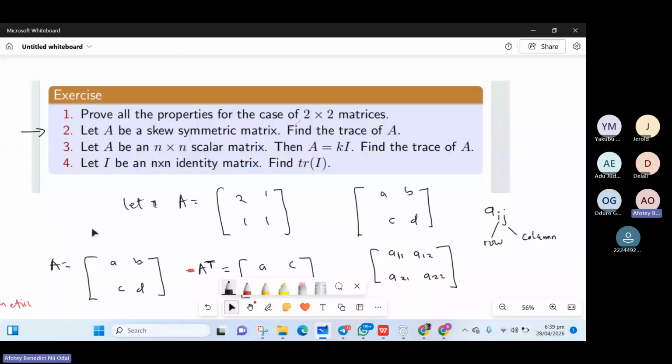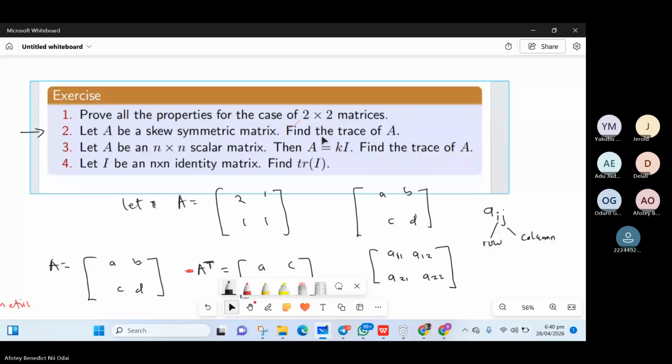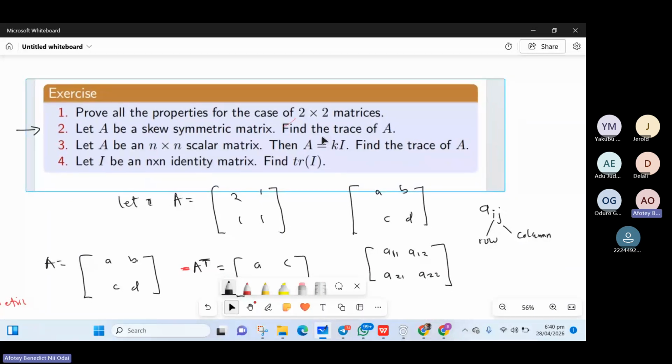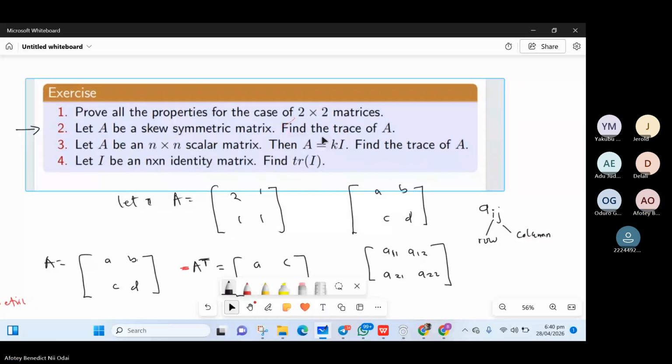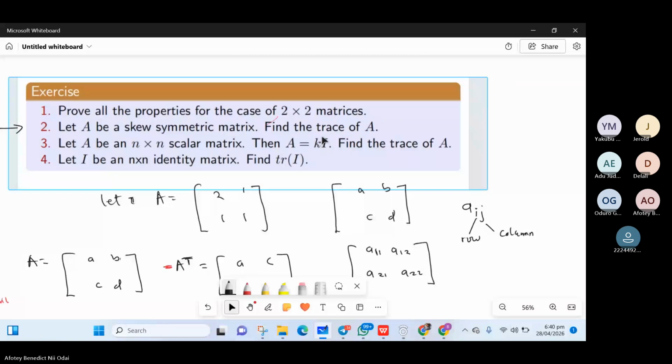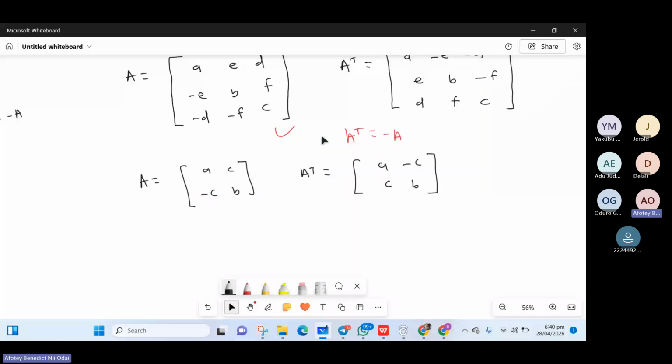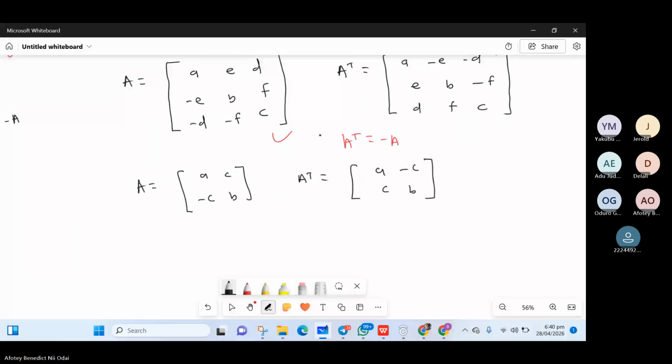Now the question states: find the trace of A. Now this one, let's really understand this carefully. A trace of a matrix is the sum of the entries on the major diagonal.